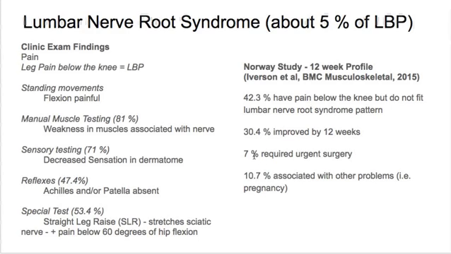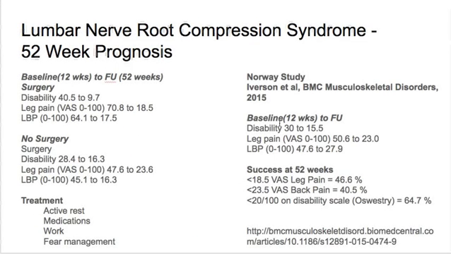So even though the pain is quite severe, it can resolve on its own. About 7% went to surgery prior to 12 weeks. If we look at the prognosis for this syndrome, it paints a picture of very severe early pain, but then over a long period of time, of about a year, there's some significant recovery.